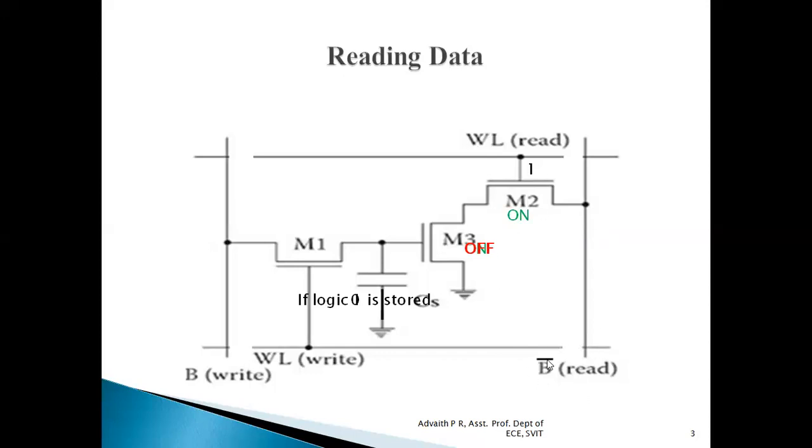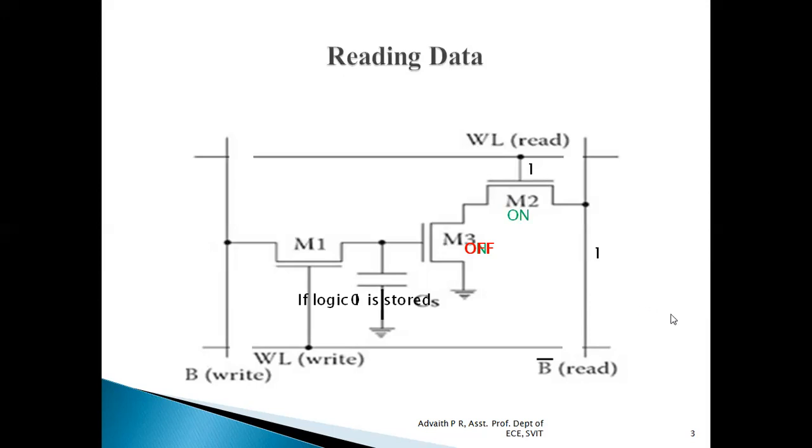This B bar will always be pre-charged to a value of 1. Hence that 1 will already be present. So if logic level 0 is stored in the capacitor, the output which we get at B bar in the read operation is 1. If logic level 1 is stored in the capacitor, the output which we get will be 0. Hence, we need an inverter to get the proper output. Hence, we have named it here as B bar, inverted output.